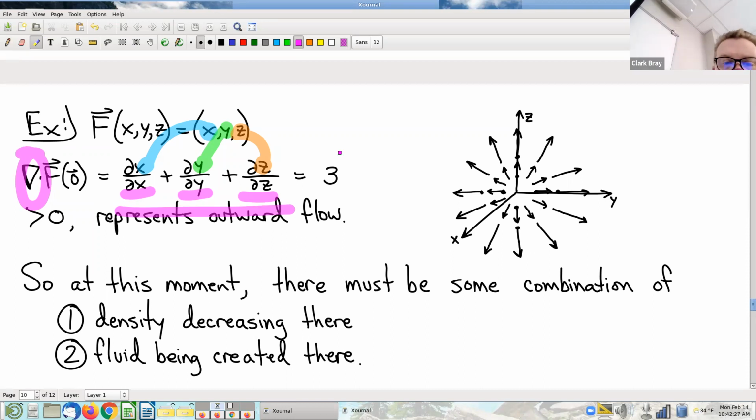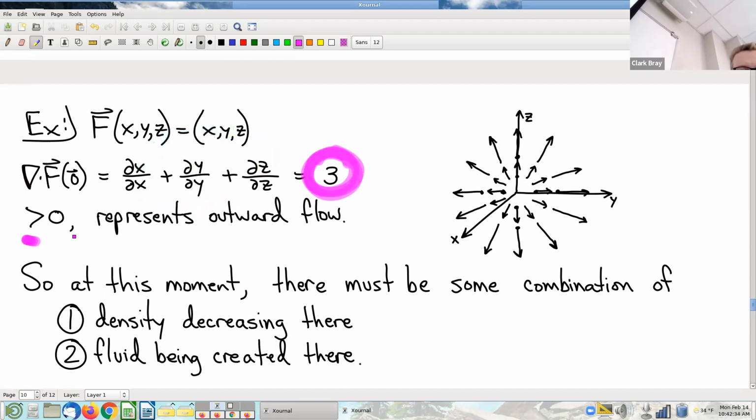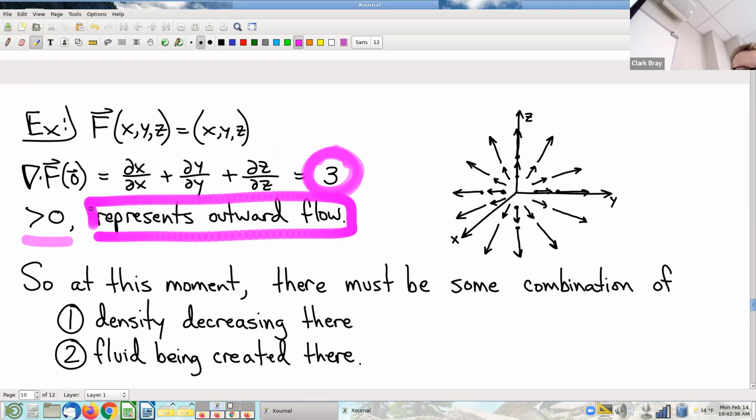This 3 being positive is representative of a positive amount of outward flow. And again, I appeal to your sense of the physics of this particular flow. It's flowing out away from the origin, right?